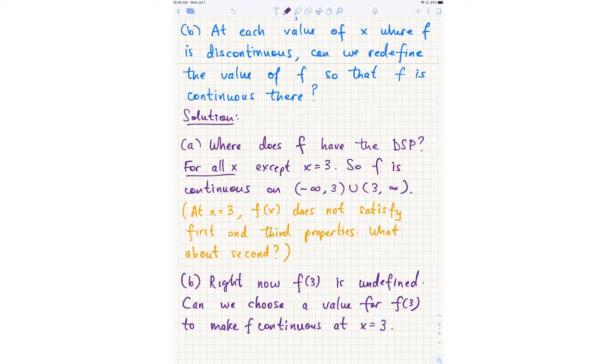How would you go about finding that value? Can I just choose any old value?